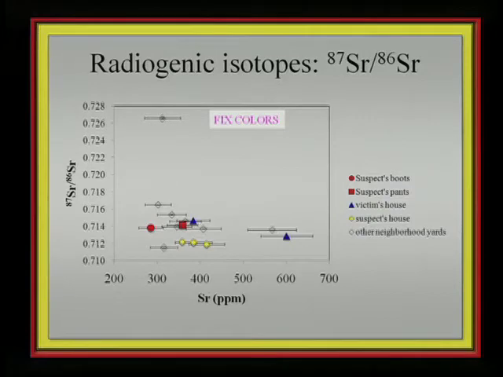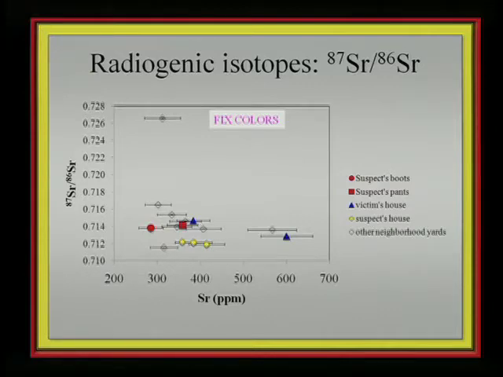And also, I would just like to make a plug that strontium and lead isotopes, although you guys probably will not have access to that, in collaboration with academic institutions, they can be a very powerful tool. The suspect's house samples are clustered quite closely together.